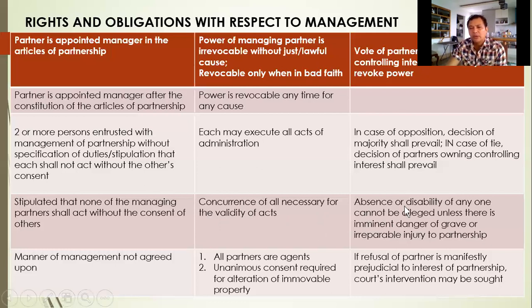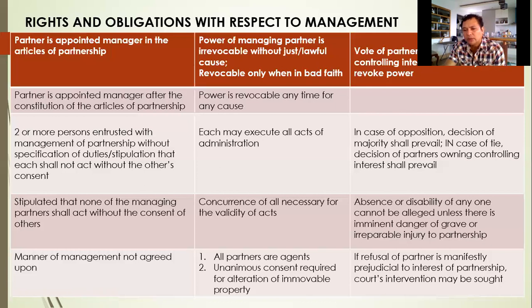An absence or disability of anyone cannot be alleged unless there is imminent danger of grave or irreparable injury to the partnership. So in case one is absent or disabled, it cannot be alleged, meaning they cannot just say that he is disabled and he cannot render his decision.